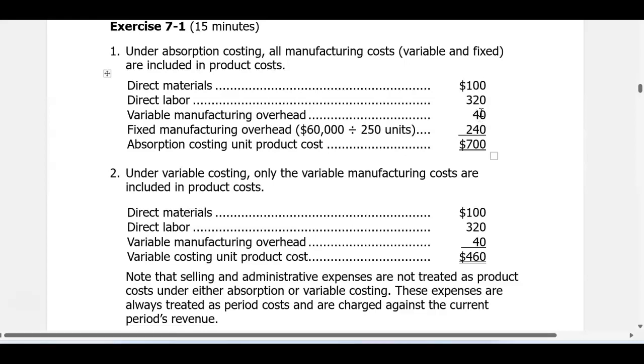Overhead is 40 for variable, but fixed we don't know, you have to calculate. So $60,000 divided by 250 units of production gives us 240 at this moment, okay? If you produce more or less, the 240 will change, okay? But for now, based on 250 units of production, that's $240 for fixed manufacturing overhead per unit. Add them up, and your absorption costing unit product cost ends up to be $700. How about variable costing manufacturing?